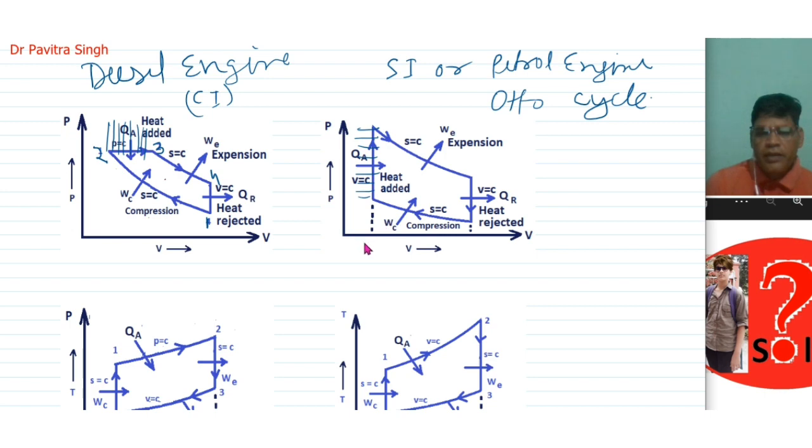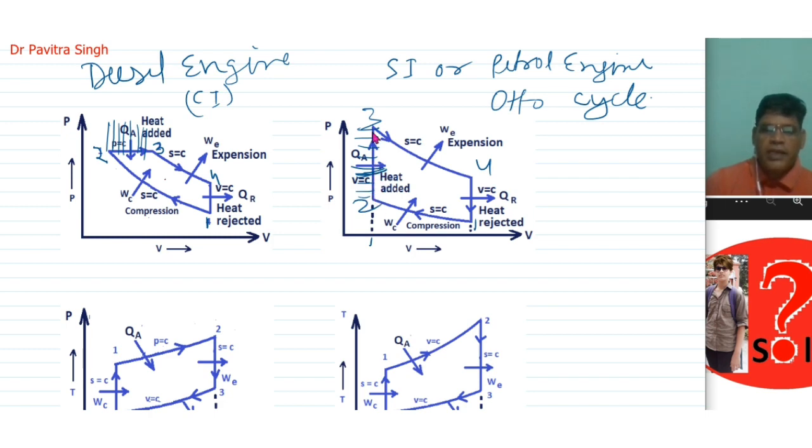So we provide the mixture of air and fuel from the carburetor, which is compressed during the compression stroke 1 to 2. Okay, then at the top dead center position, we provide the spark from the spark plug. So this compressed air fuel mixture starts burning, so combustion is taking place.